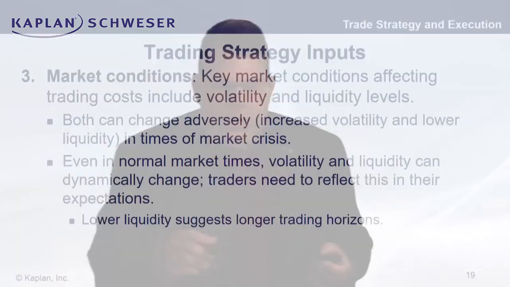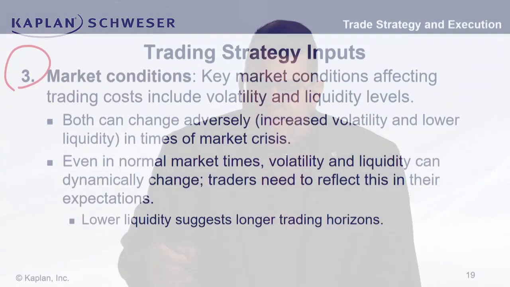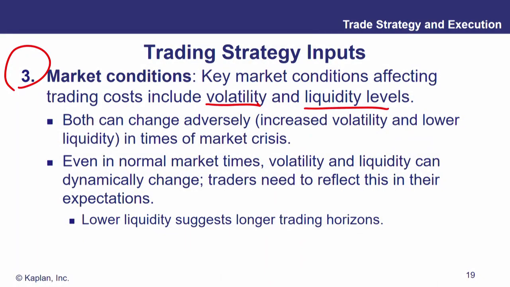Okay, market conditions. Absolutely, key market conditions affect trading cost. And we've seen certainly since the financial crisis, but really going back probably to as early as I got into the industry in the 90s, market volatility and liquidity levels can change adversely very, very quickly.